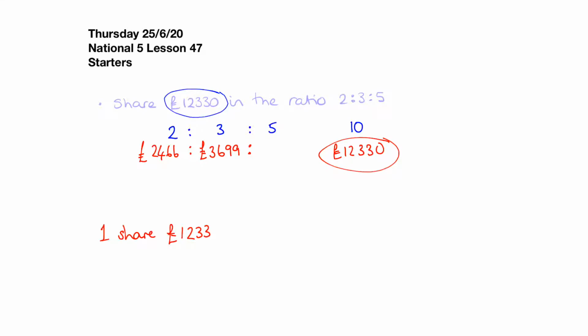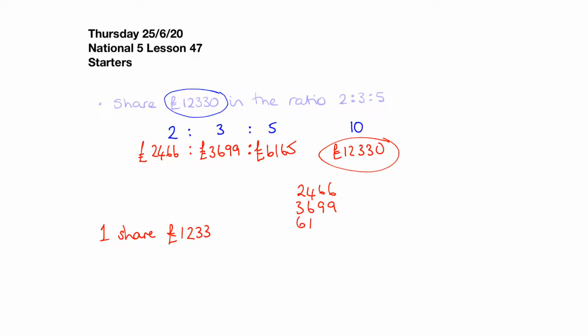And then the person who gets 5 shares gets the 2,466 add 3,699, because that's 2 shares and 3 shares. It doesn't matter how we work this out, but the answer is 6,165.